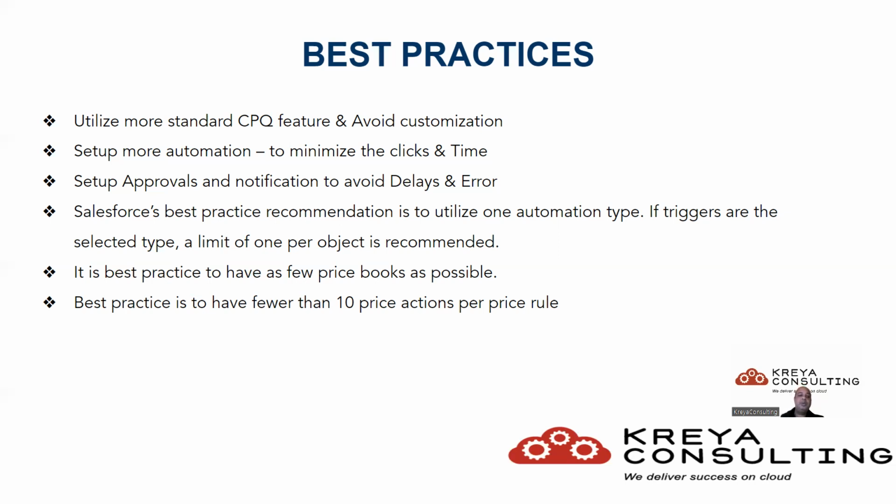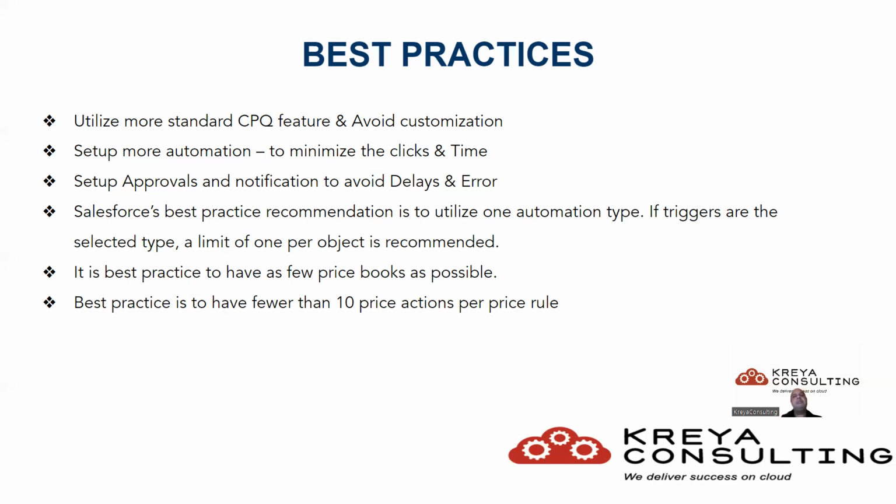Now, Salesforce CPQ best practices recommend utilizing one automation type. If the trigger is the selected type, a limit of one per object is recommended, meaning that you do not need to create multiple triggers on one object. This is the best practice Salesforce generally refers to. It is also best practice to have as few price books as possible.